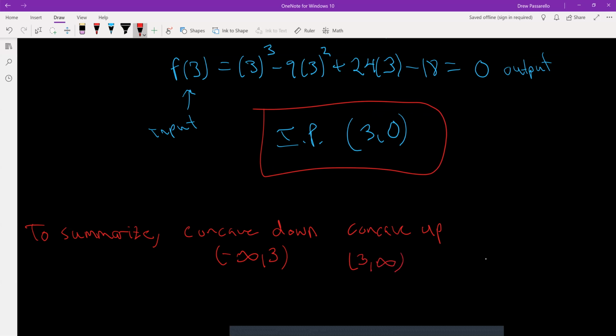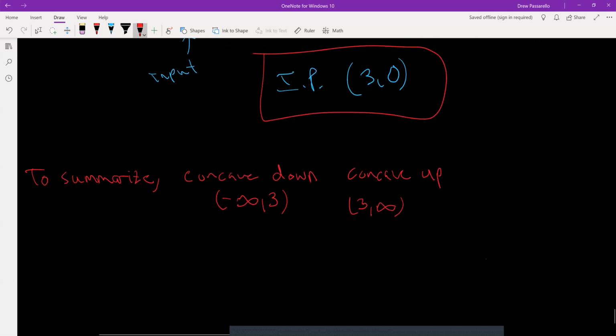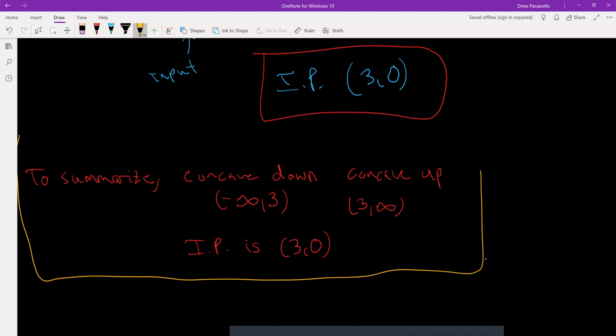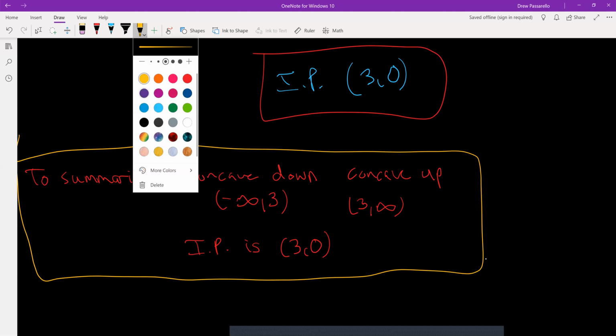And then we had the inflection point being (3, 0). All right, so that's pretty much it for that question.